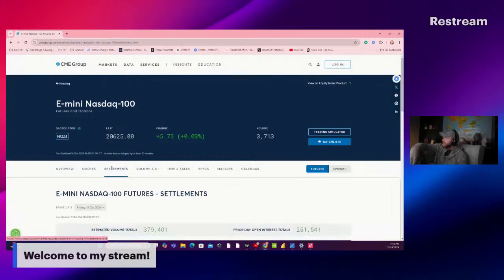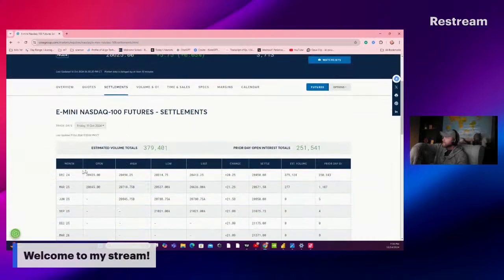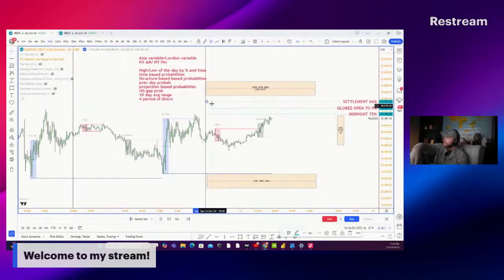Come to the tab that says settlement. Under the December 24 contract, you check the date. And this one's going to be different. Oh, well, no, it's not. This one's for Friday, October 11th, which is correct. We can see that's at 2450. So 2450.